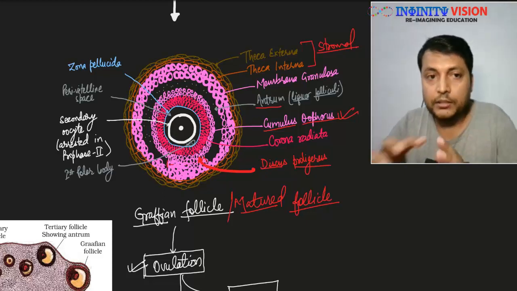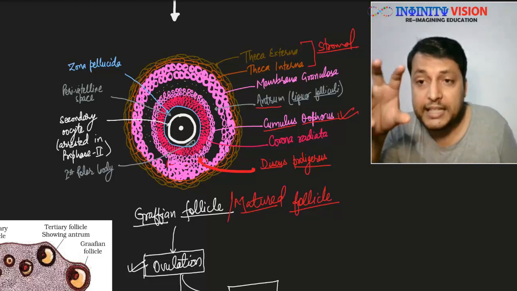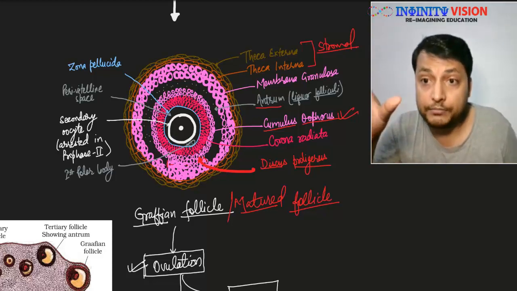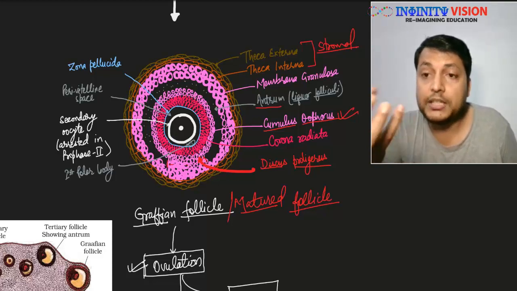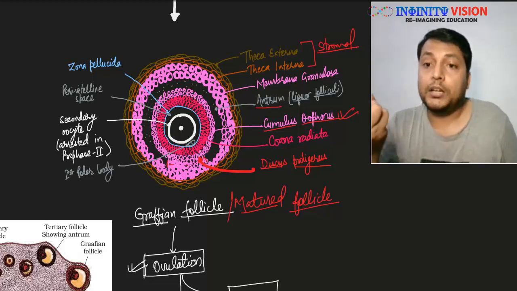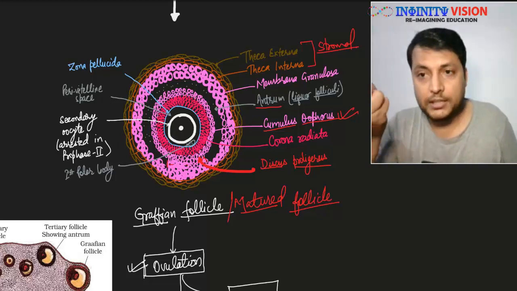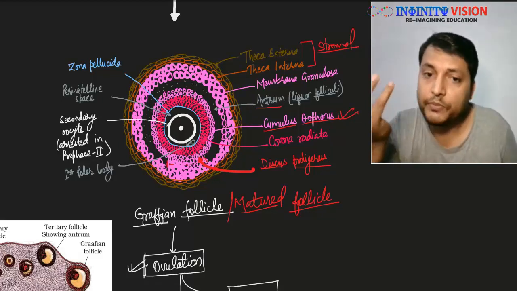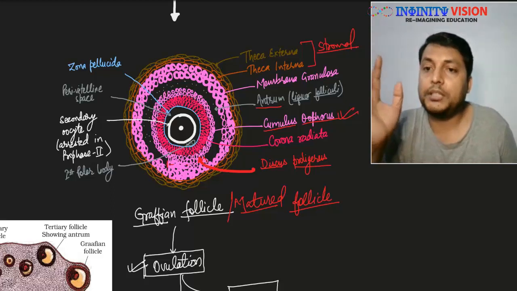The inner part, which contains the secondary oocyte, is not actually floating in the antrum. This whole structure is attached to the membrana granulosa by cells of discus proligerus, a disc-like structure of cells.